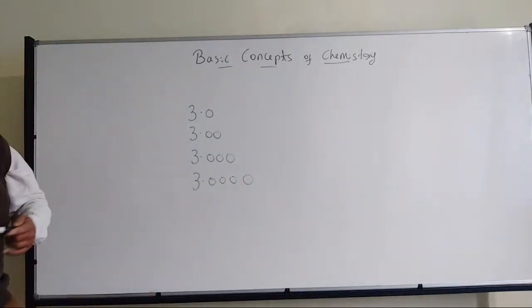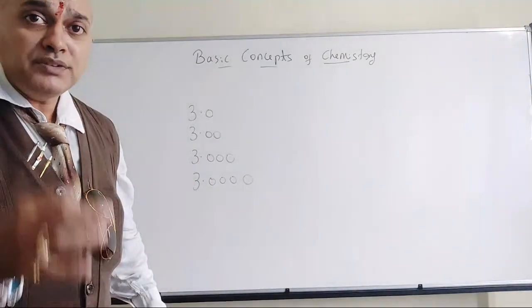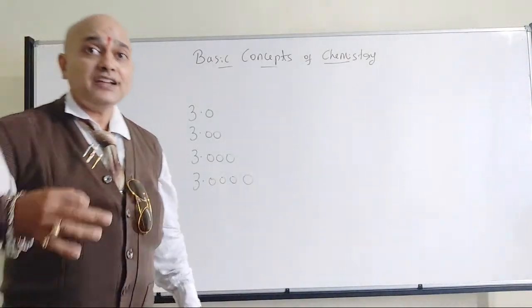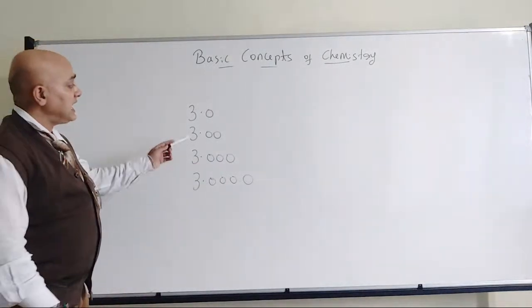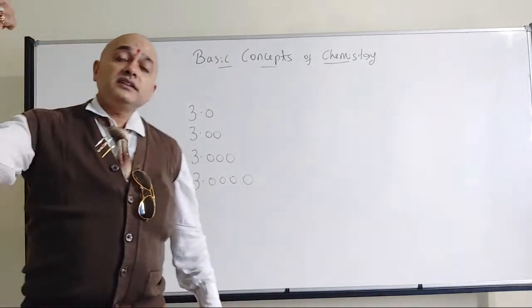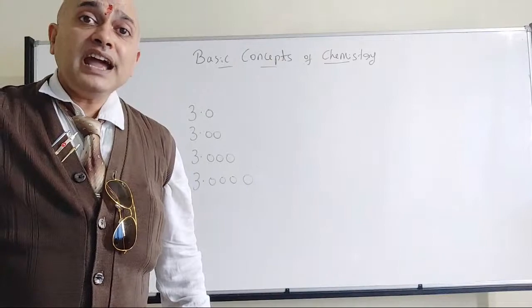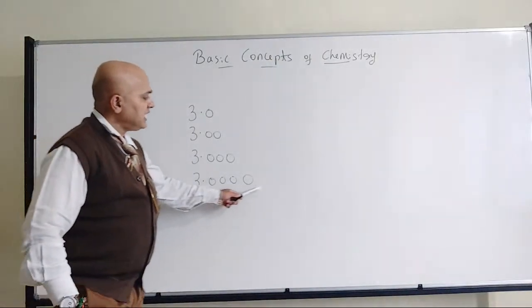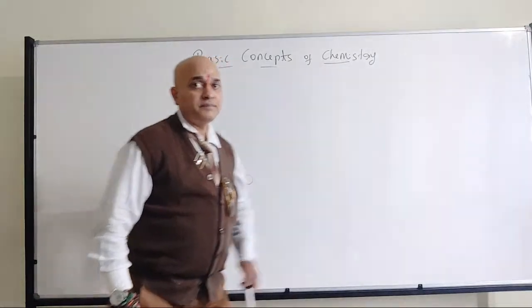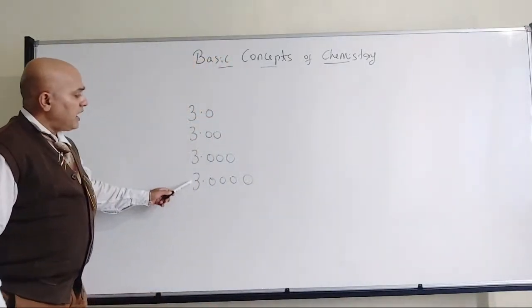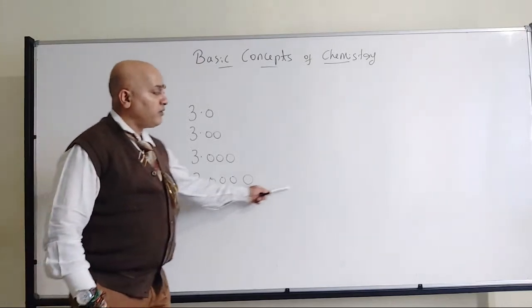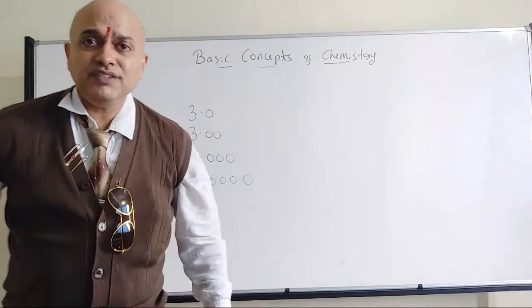So what I mean to tell here is, when I am defining with some accuracy, I can tell infinite number of significant figures because I can mention any zeros over here. Since all of them are after non-zero digits with a decimal point, all of them will be significant.